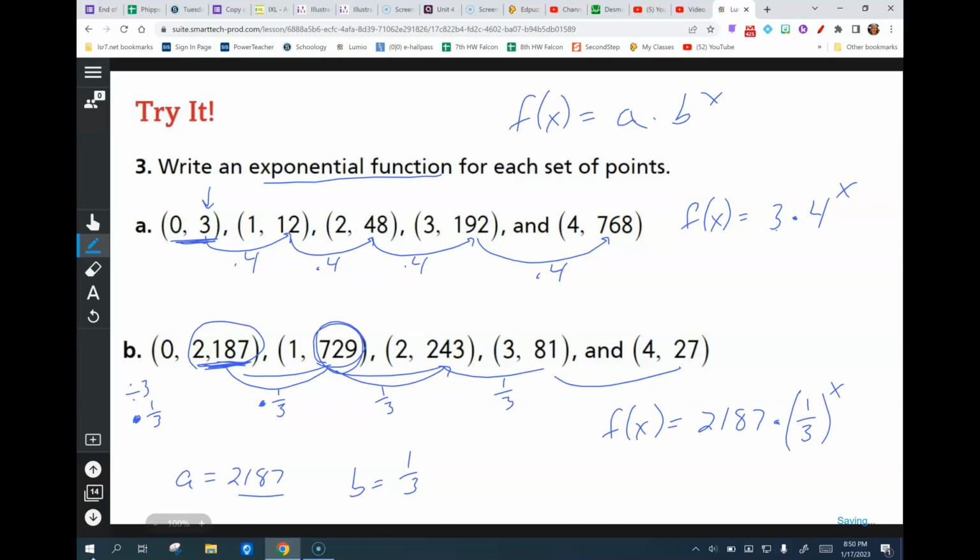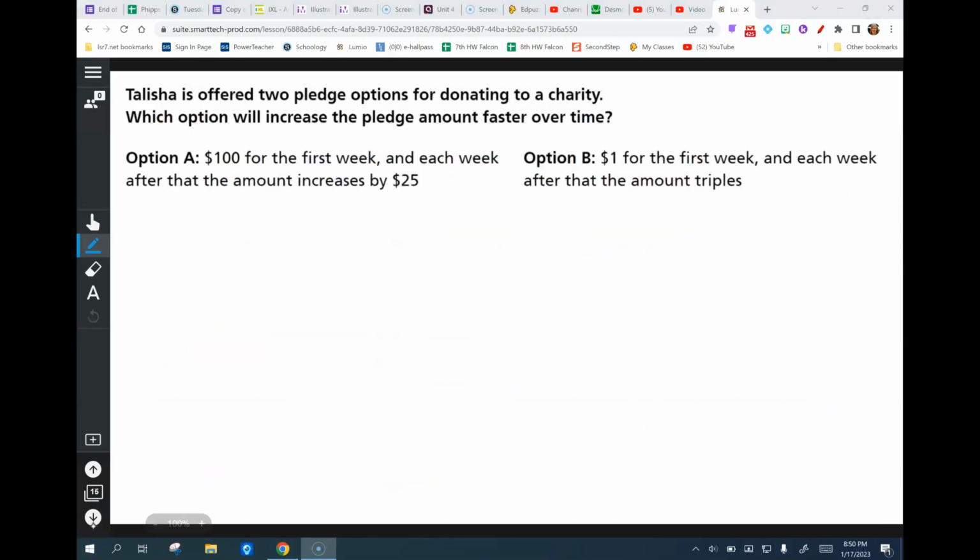Okay, good. So now that we know how to write an exponential equation given data, we're going to look at comparing linear equations. Okay, look at the word linear. We remember that this is a line. And we're going to look at exponential. Exponential is a curve.